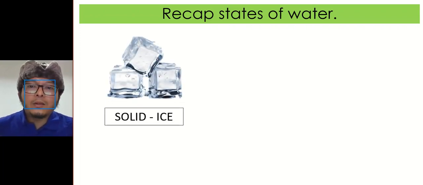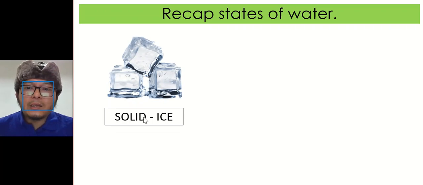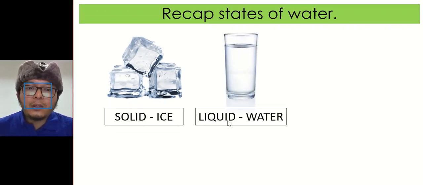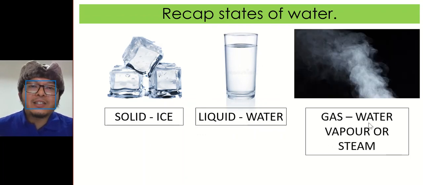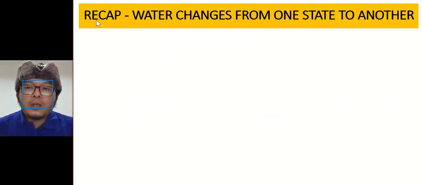Now number one, water as solid, ice, water as liquid, which is water, and water as gas, which is water vapor or steam. So shall we recap again? Water changes from one state to another.